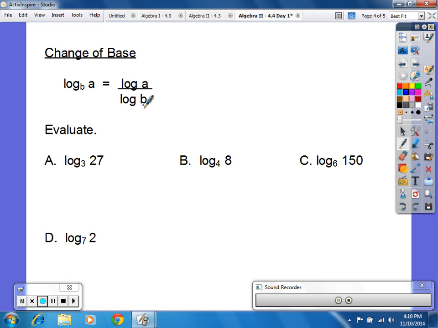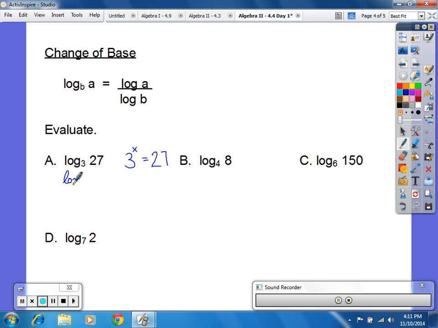Base on bottom. If I want to evaluate the log base 3 of 27, well, first of all, this is one you should be able to evaluate mentally, because this means 3 to the power of what equals 27. I know that 3 cubed equals 27, so letter A should be equal to 3. I can check that using the change of base formula. It looks like this.